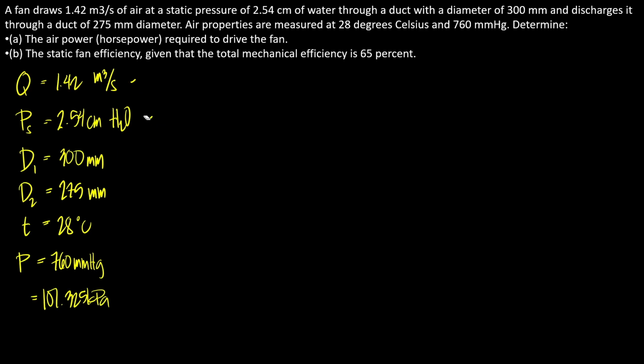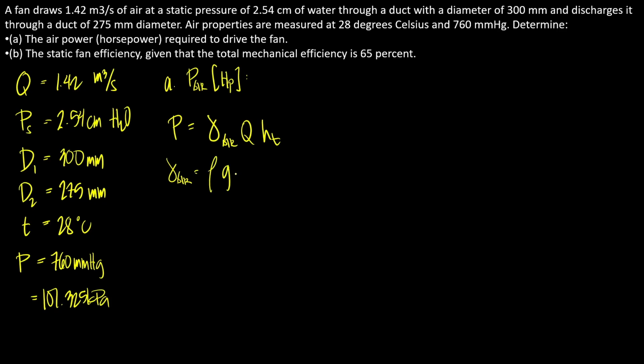Okay, so here the air power, or let's say P air, is the HP required to drive the fan. So P is the specific weight of air, density times gravity, times Q and the total head.